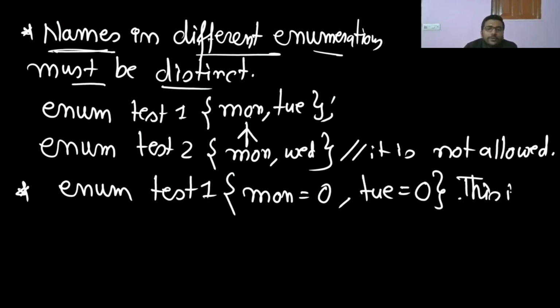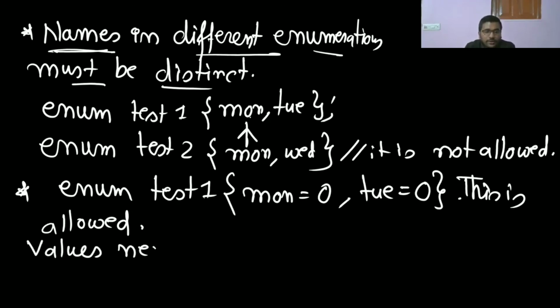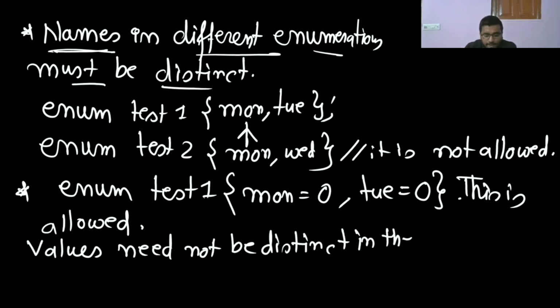But the earlier case is not allowed. So names should be different, but values can be the same. Values need not be distinct in the same enumeration.